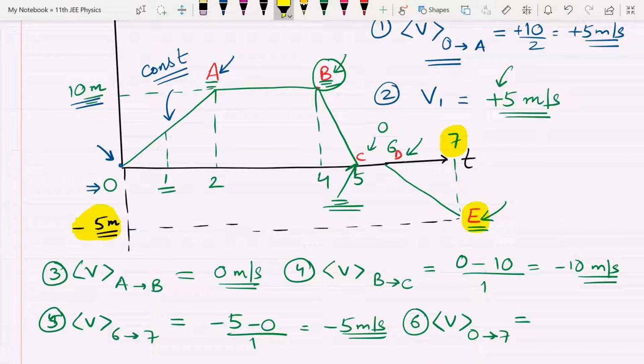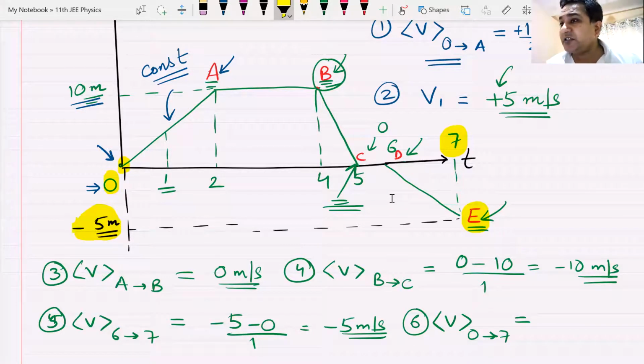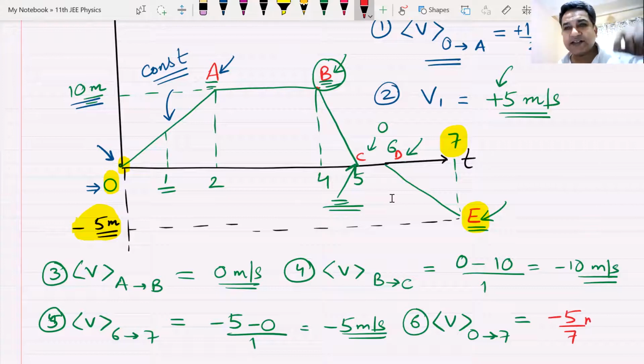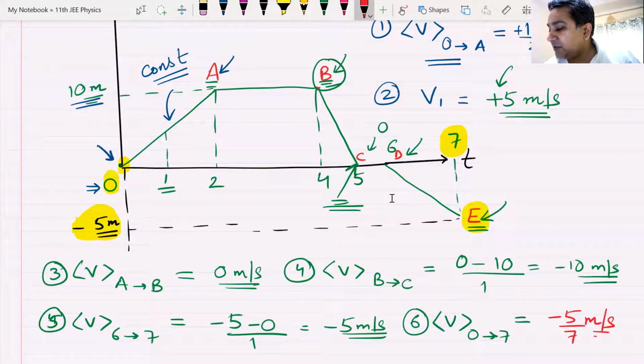The initial position, beta, at time t equal to 0 is your origin. So final position minus initial position is minus 5 minus 0, divided by the total time, which is definitely 7 seconds. So this becomes minus 5 by 7 meters per second.